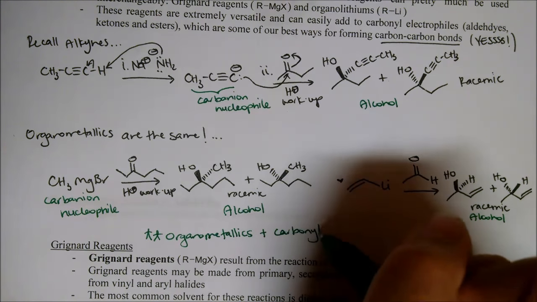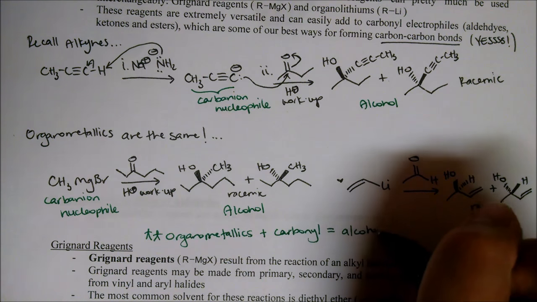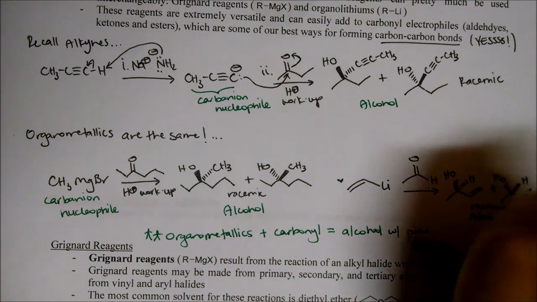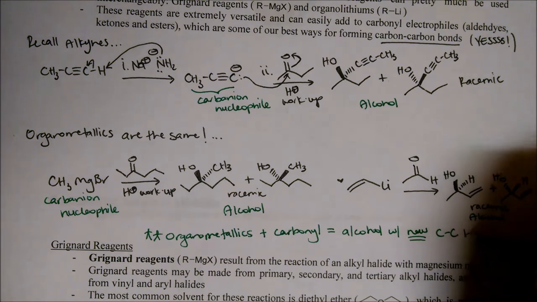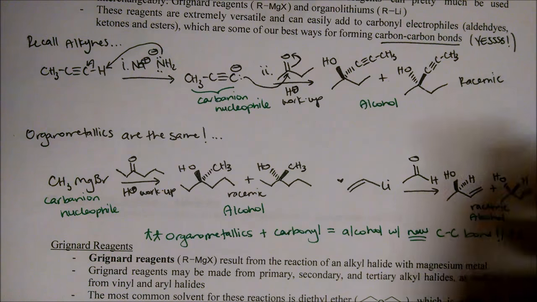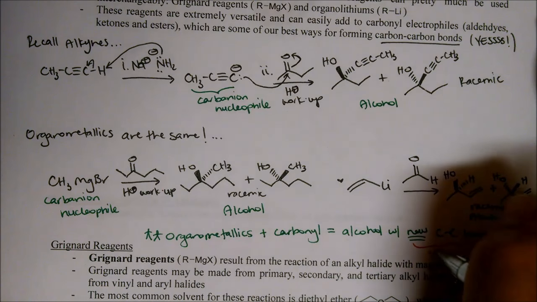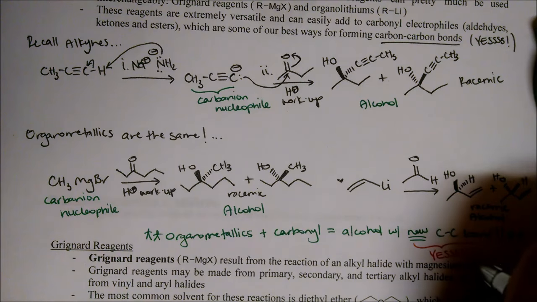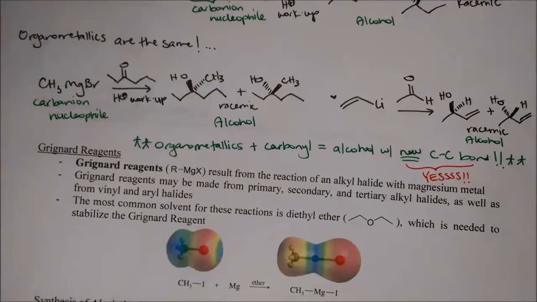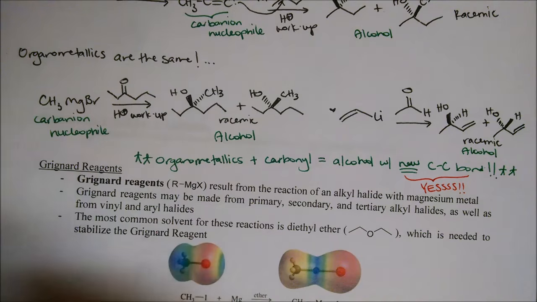When we mix these guys together, we get an alcohol with, importantly, a new C-C bond. Oh my gosh, it's momentous. Okay, and we will denote this with the new color again, saying how awesome it is. Hopefully you'll want to use these all the time. I'm sure you will. Okay, they do have limitations, but still, for now, let's just be excited that we can make pretty much any carbon a nucleophile.